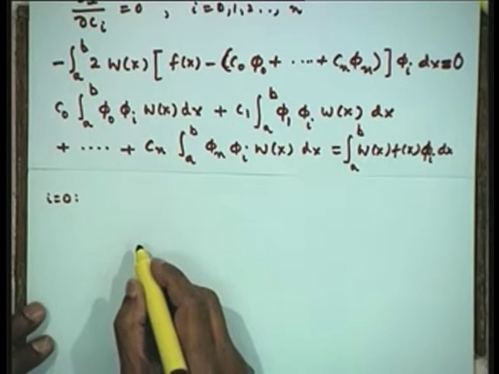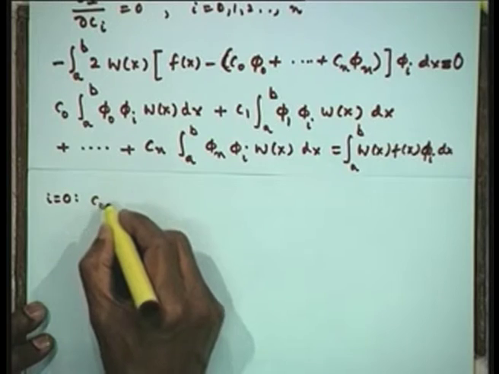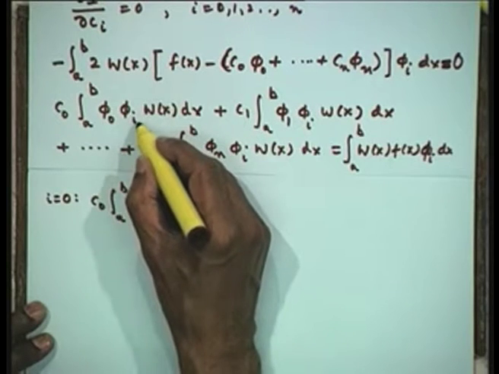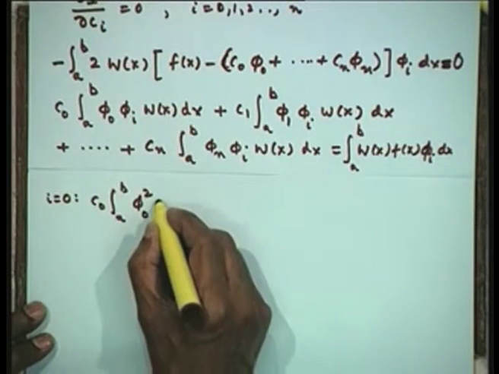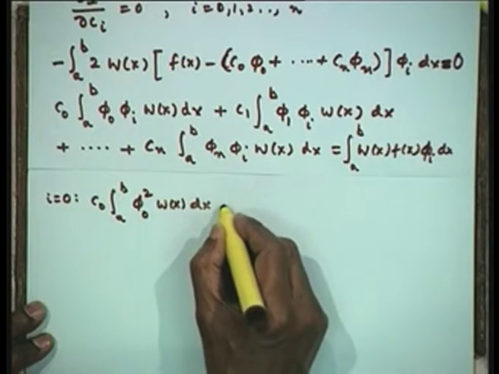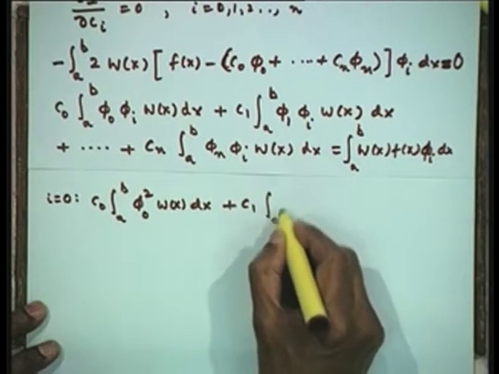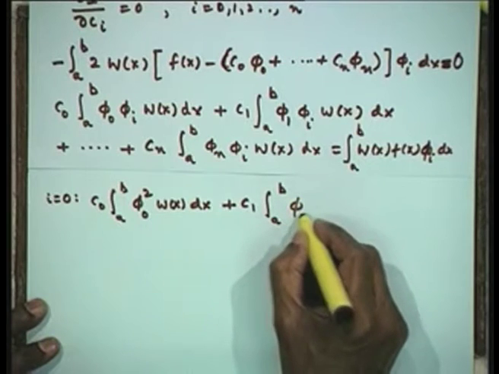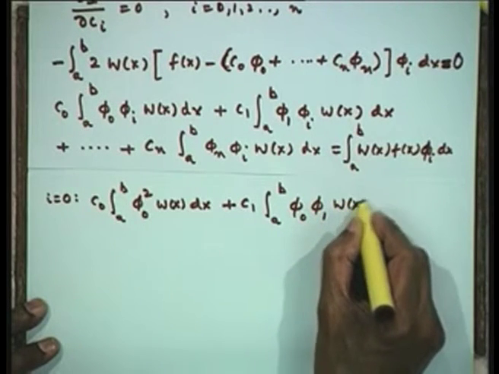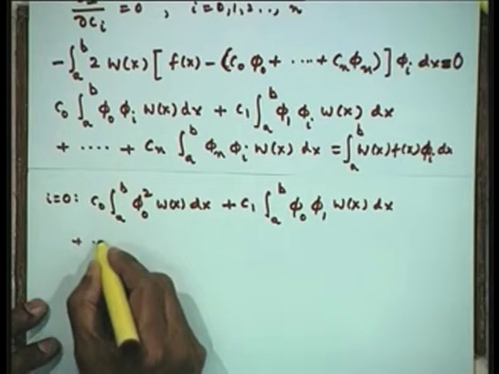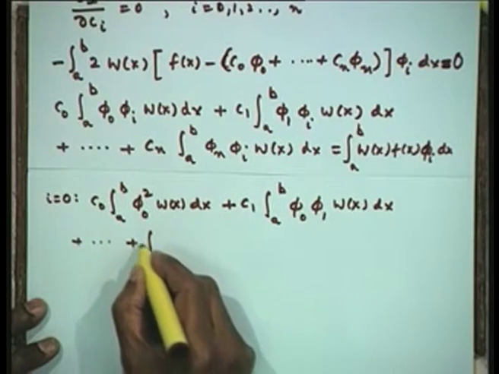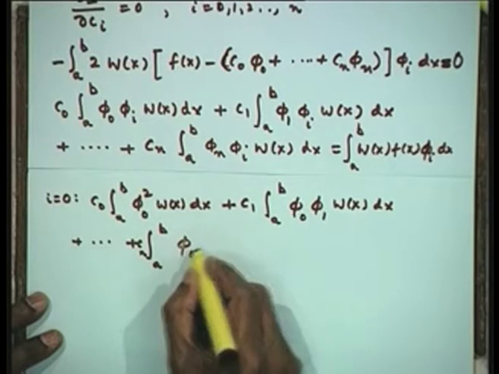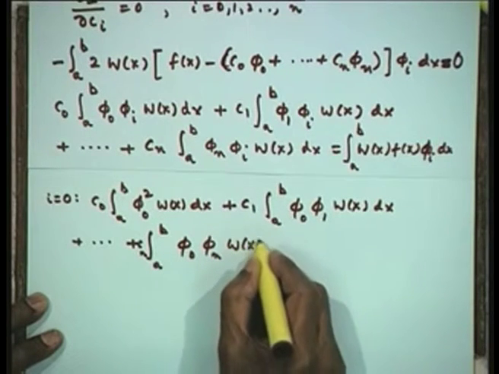Then this gives us c0 times the integral from a to b of phi0 squared w(x) dx, plus c1 times the integral from a to b of phi0 phi1 w(x) dx, plus so on, plus cn times the integral from a to b of phi0 phin w(x) dx.